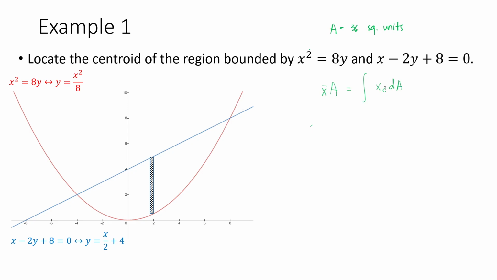Since we are using the vertical strip, our differential area translates into the same formula: x sub c multiplied by y top minus y bottom dx from x1 to x2. Again, our dA will depend on the strip that you are going to use.